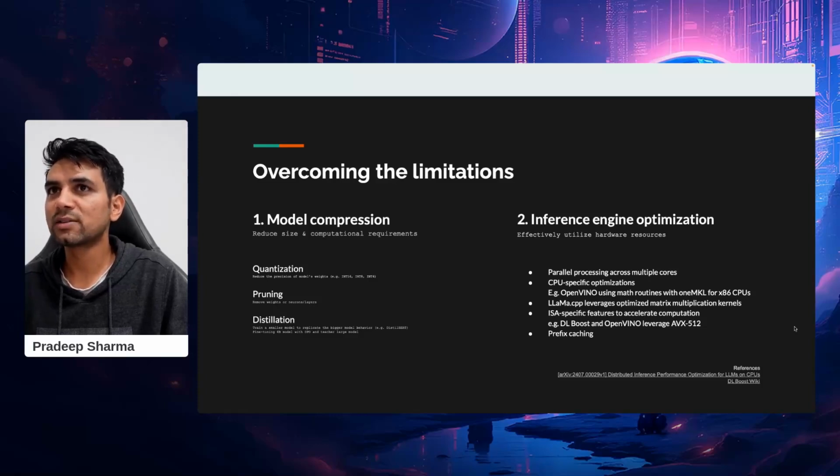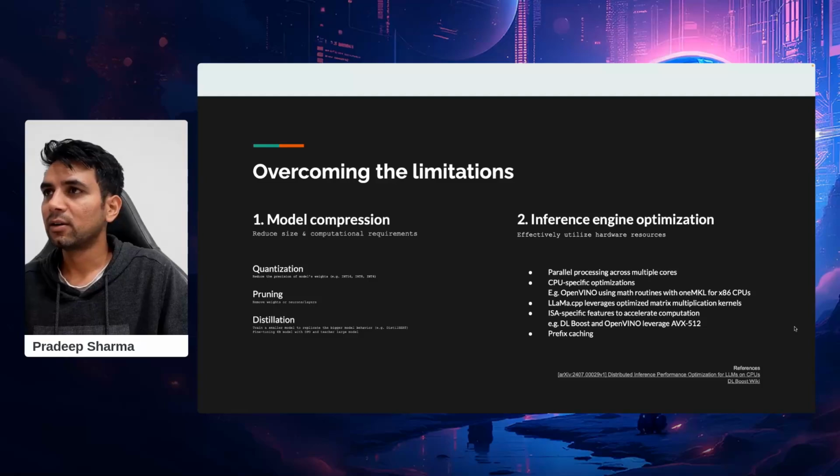Quantization is where you reduce the precision of model weights. Usually they are trained in FP32, and you reduce the weights to 16, 8, or 4 bits, or something like that. Another thing is pruning, where you remove unnecessary weights that do not add that much value, or complete neurons or layers themselves.